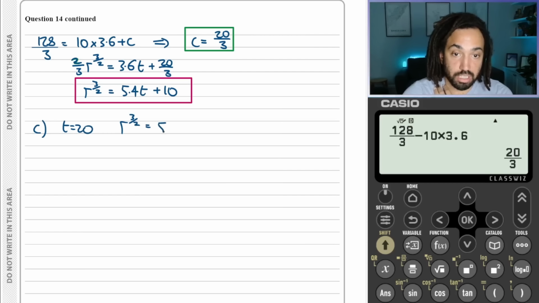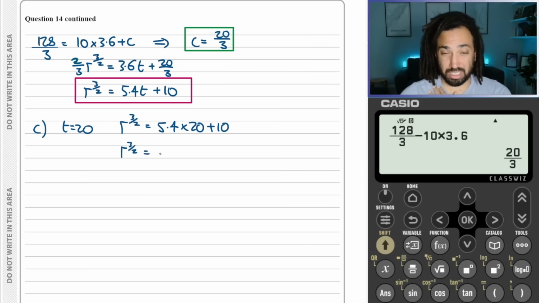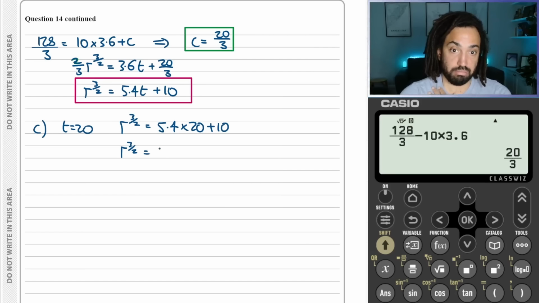So part C, we are subbing in t is equal to 20 right into this one here. So this gives us 5.4 multiplied by 20 plus 10, which gives us 108 plus 10, so that's 118.